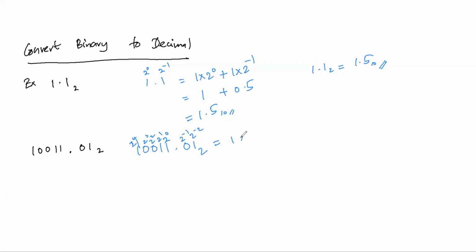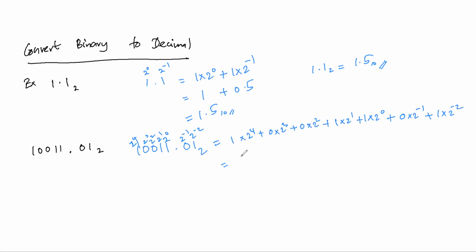So 1 into 2 to the power 4 plus 0 into 2 to the power 3 plus 0 into 2 to the power 2 plus 1 into 2 to the power 1 plus 1 into 2 to the power 0 plus 0 into 2 to the power minus 1 plus 1 into 2 to the power minus 2.